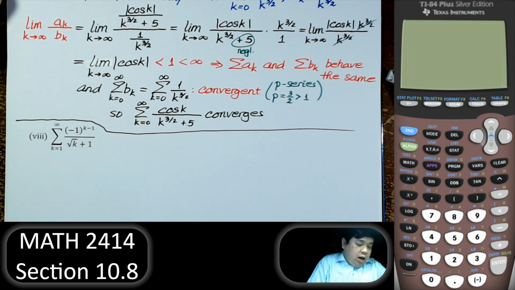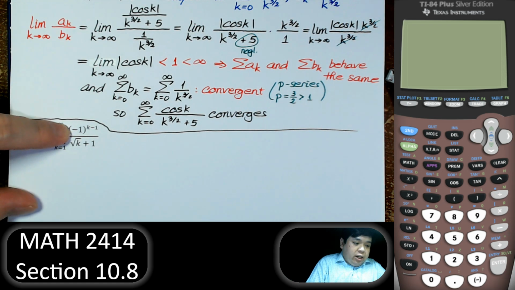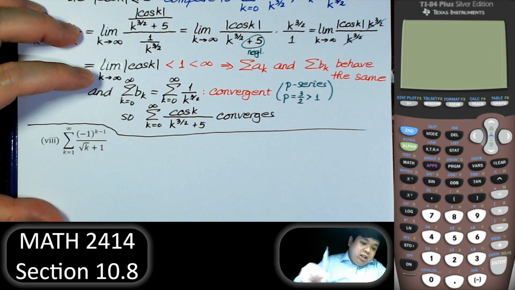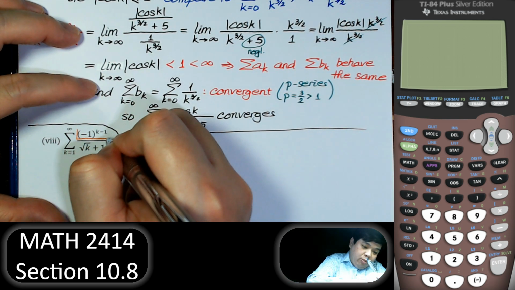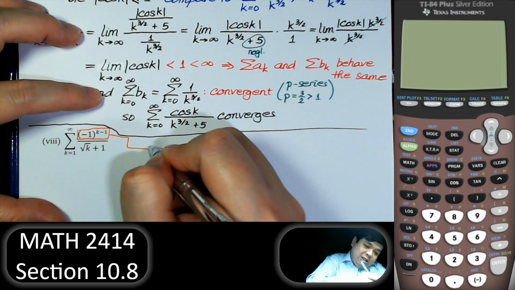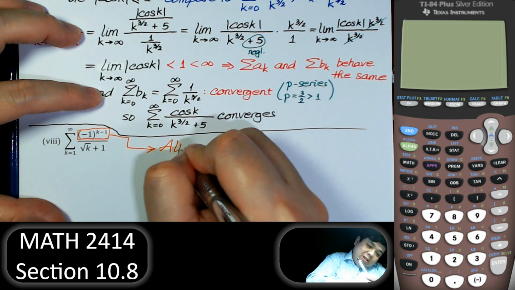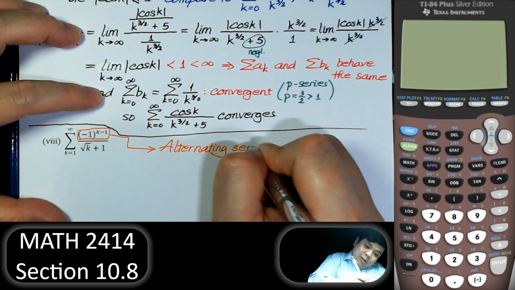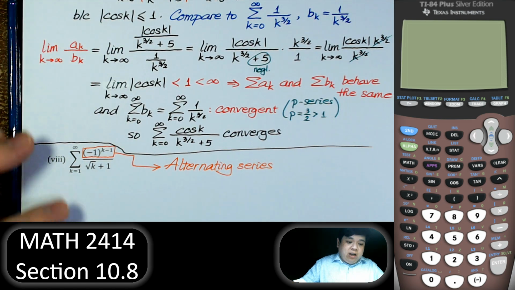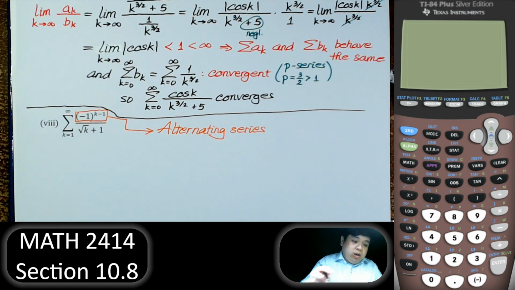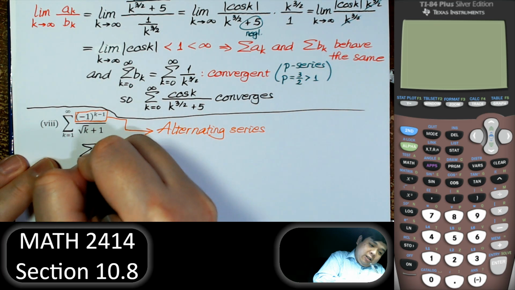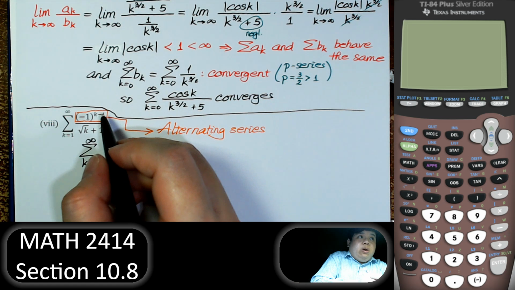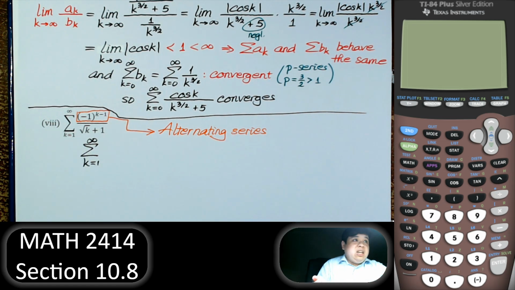Right, next one. What do we use? Obviously, when we see this -1, that is the alternating series test, and we don't need to worry much about anything else. Alternating series. So we need to write what is the term, what is a sub k. As mentioned before, k -1, k +1, k doesn't matter.